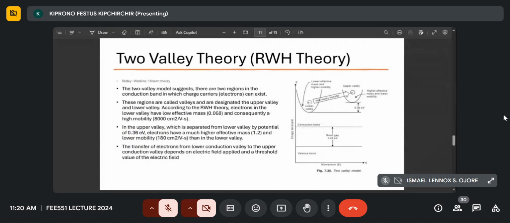Another thing I need to point out is that the upper valley is normally unoccupied at low electric field, because the basis of operation of the Gunn diode is the application of electric field, the voltage-current relationship, as we will see later.